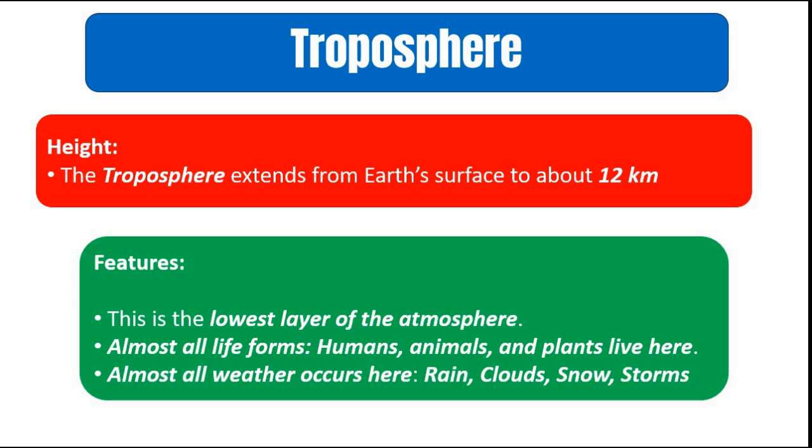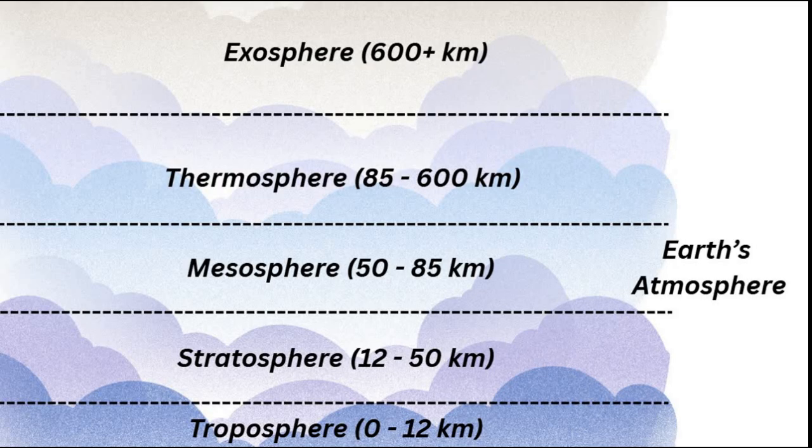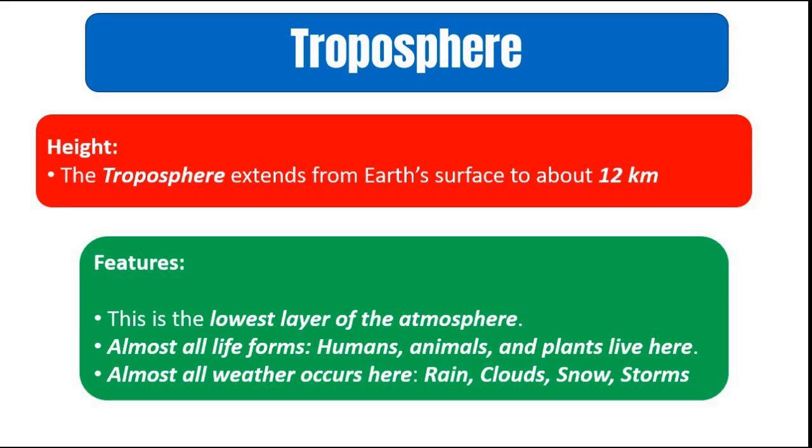So troposphere is the lowest layer, and it starts from the surface of the earth up to 12 kilometers above, as you can see here. This lowest layer is the place where most of life occurs.